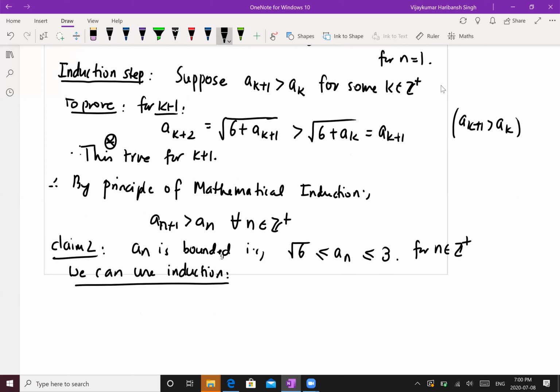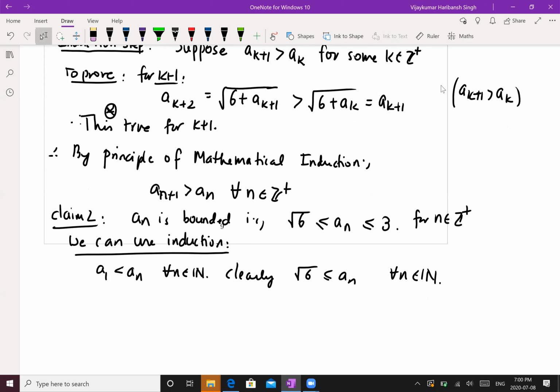Clearly a_n is greater than or equal to a_1 for all n, because it's an increasing sequence, right? So therefore, clearly the square root of 6 is less than or equal to a_n for all n. That part is not that difficult, it's straightforward. What is interesting is the other part.